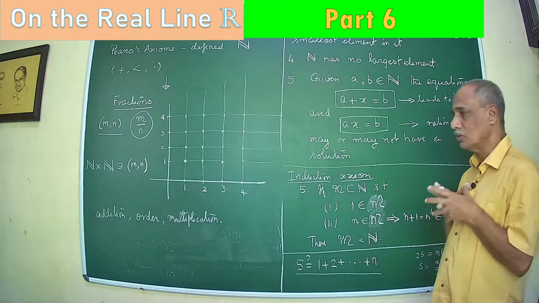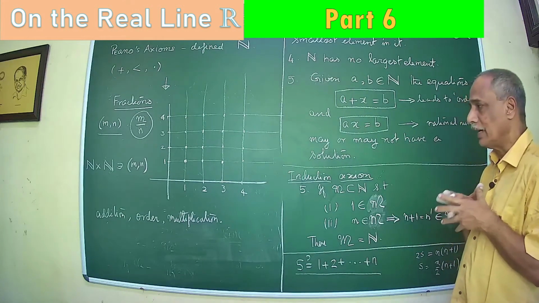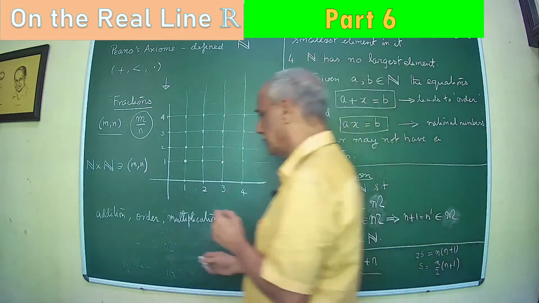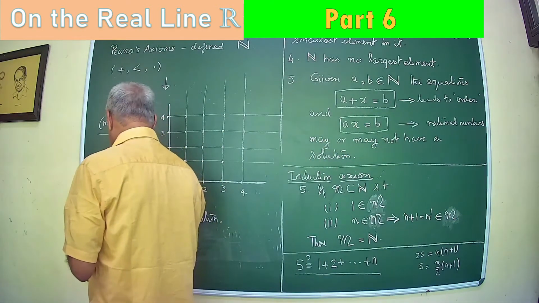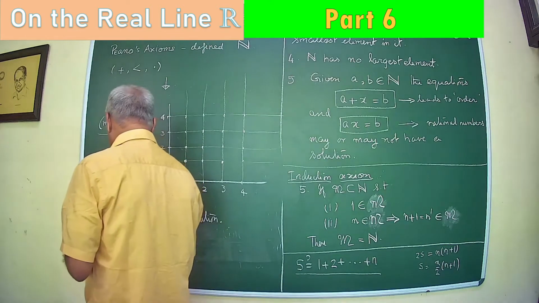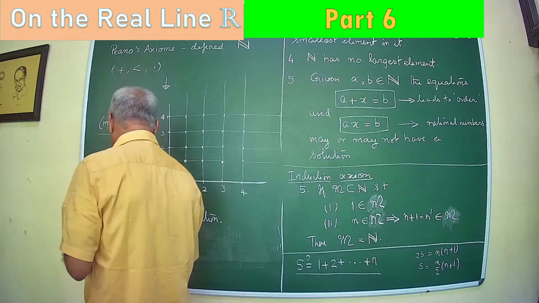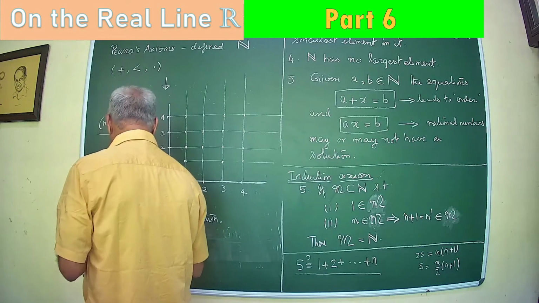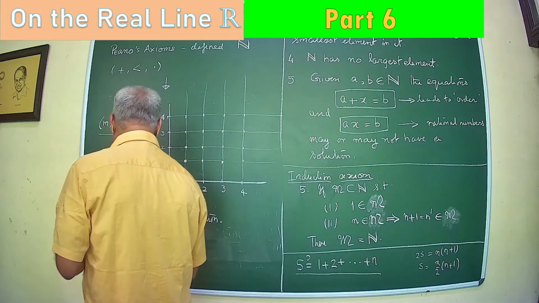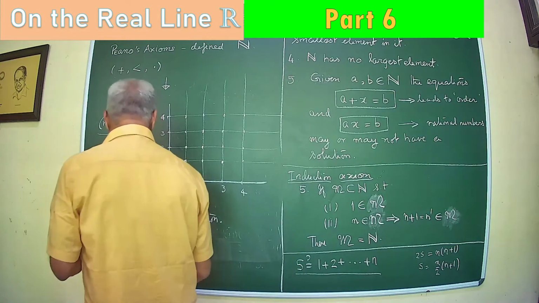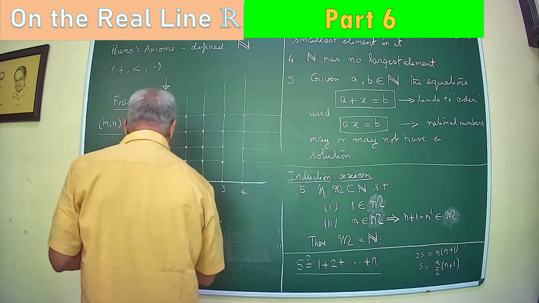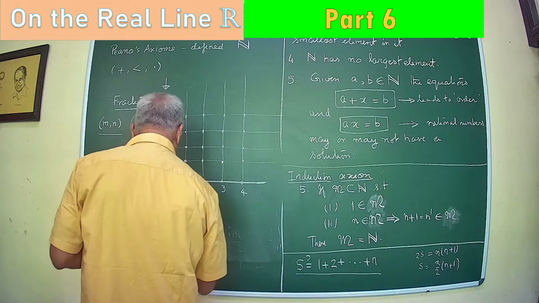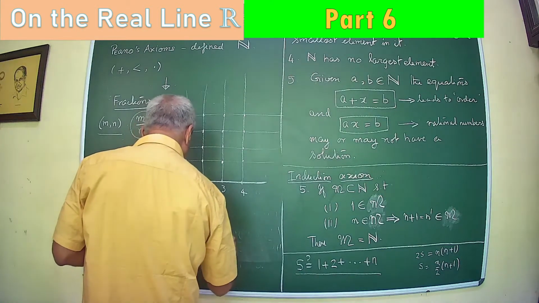Okay. So we used a relation on this. What is the relation? The relation was this: x1 by x2 is related to y1 by y2 if and only if x1 y2 equals x2 y1.